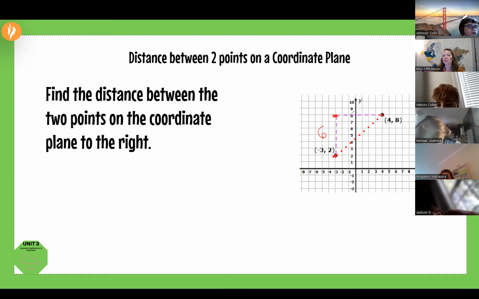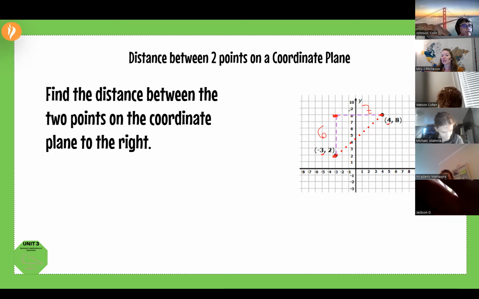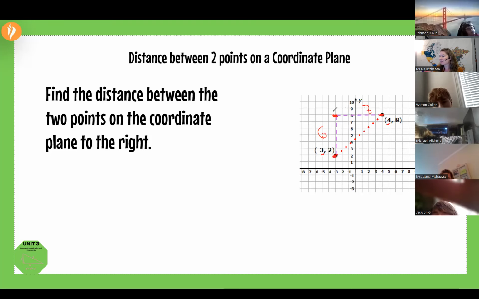It's 1, 2, 3, 4, 5, 6, 7 is what I'm counting. Oh, I thought the red thing was on the 4. Oh, yeah, it is on the 4, right? So we're moving from 4 to -3. So from 4 to -3, we would move 7 spaces.